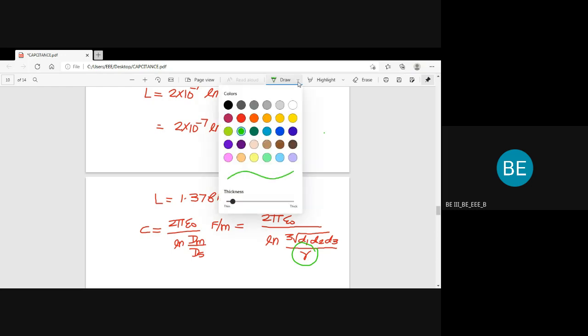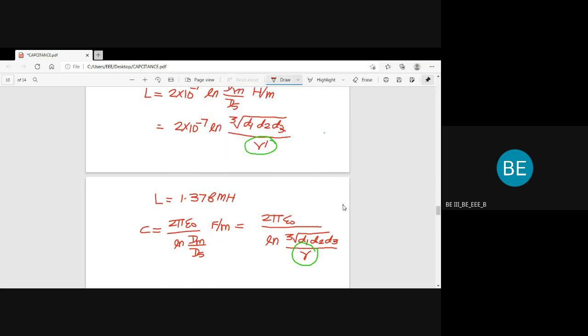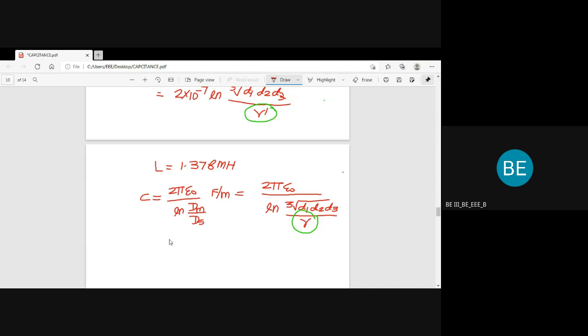Once we know all the values D1, D2, D3 as well as R, if you substitute in the calculator, you will get capacitance equal to 8.3814 into 10 power minus 12 farad per meter.